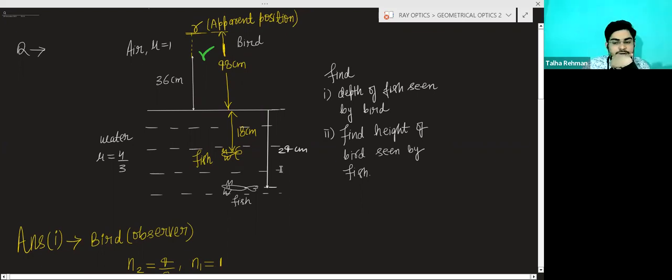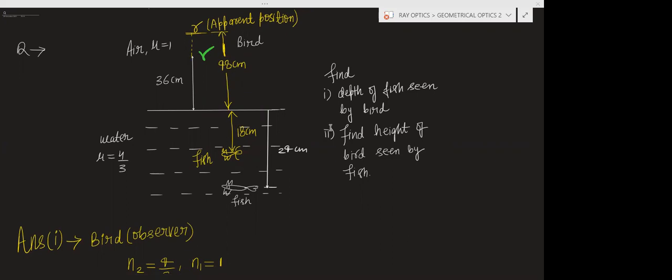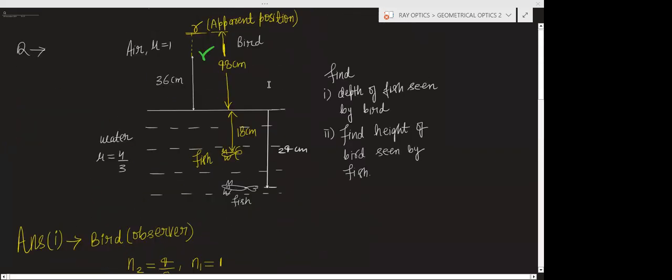Okay, so now can you tell me what is the height of the bird seen by the fish? Think for one minute, then tell me. The height of the bird seen by the fish will be 48 plus 18, right?